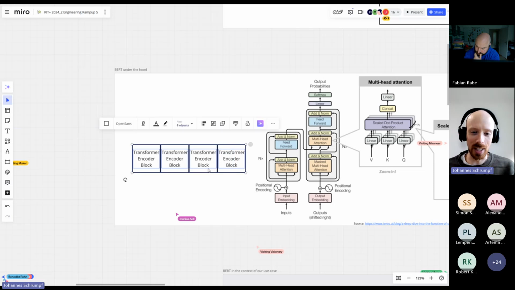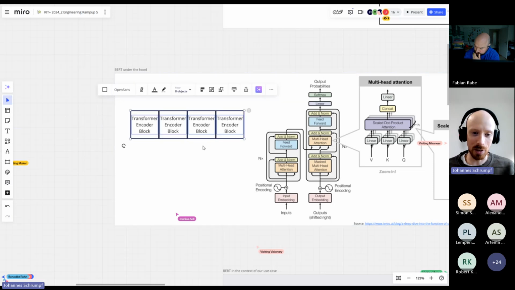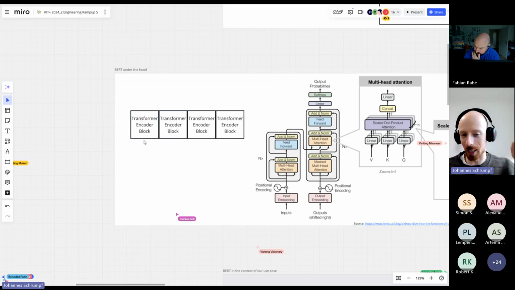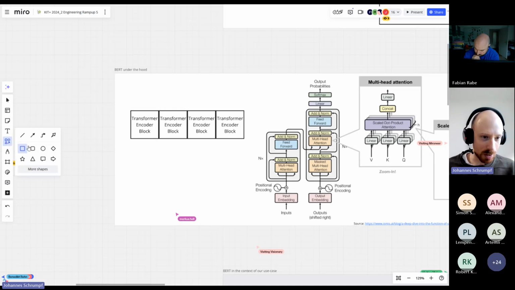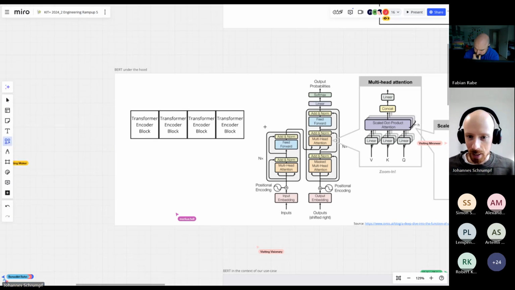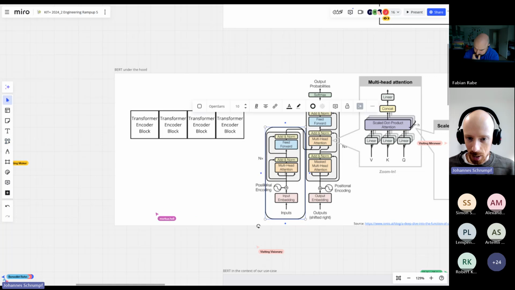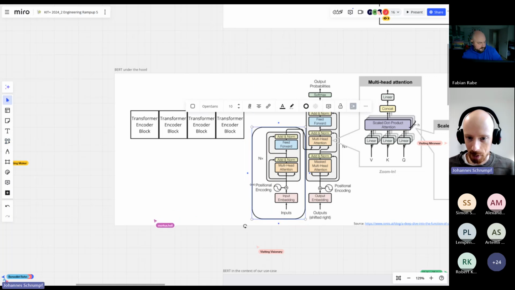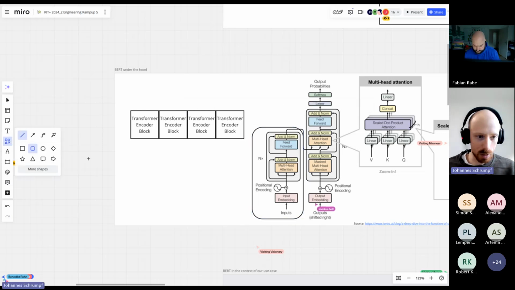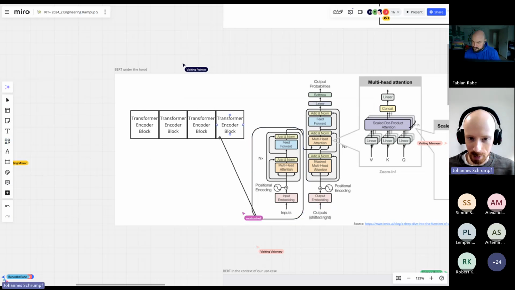But of course, this is not the entire story, because we don't know what an encoder block is now, right? An encoder block in this illustration on the right side is just this part of the transformer architecture. Maybe I can do some nice illustration.